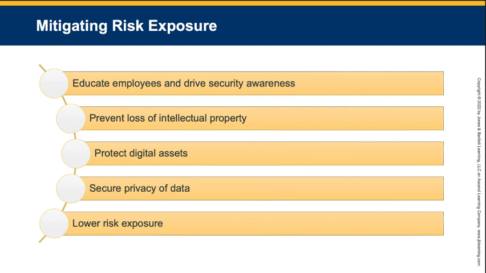These are basically the company's assets, for example trade secrets, patents, copyrights, and certain code that they will not share, or certain projects. Then there is securing the privacy of data. This could be customer data and information, and also lowering risk exposure by not downloading suspicious attachments, for example.